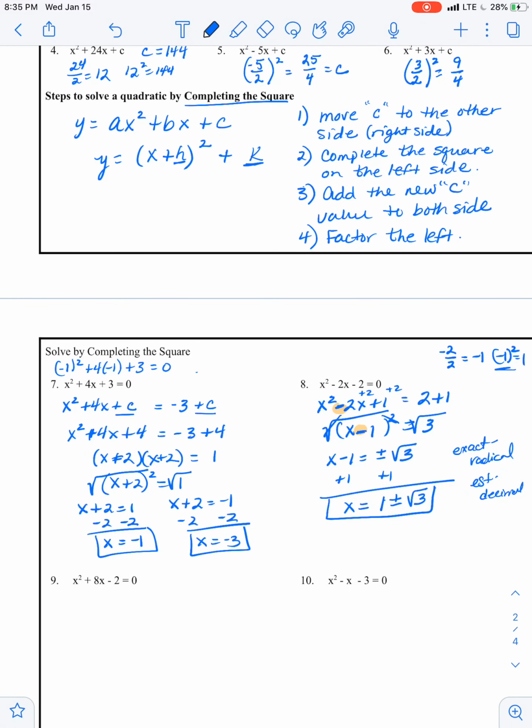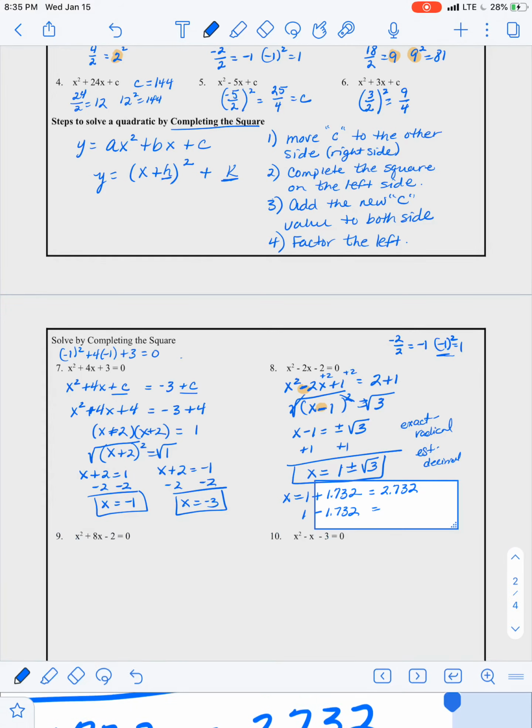Okay, and again, when you go to graph this, then you would take the 1, you're going to take the square root of 3 and put it in your calculator, 1.732, and then it's 1 minus 1.732. So my two answers would be 2.732, and I don't know what that would be. What is that? 0.268.